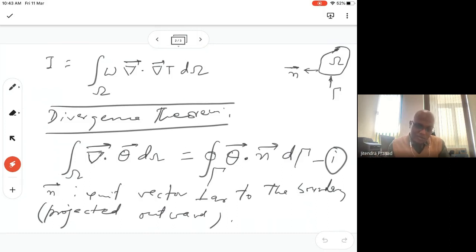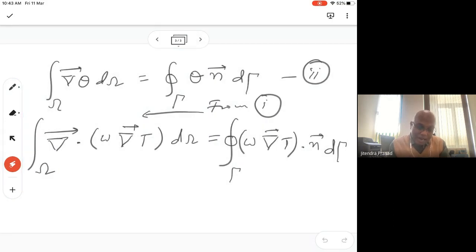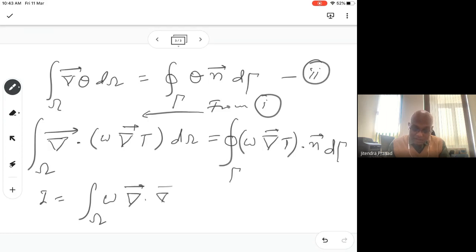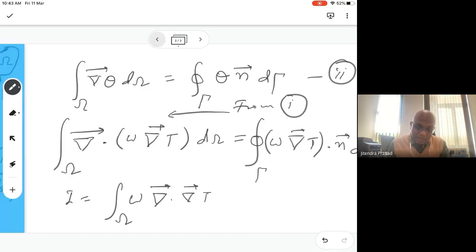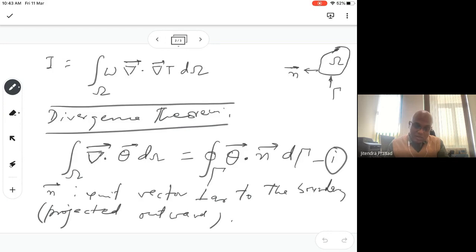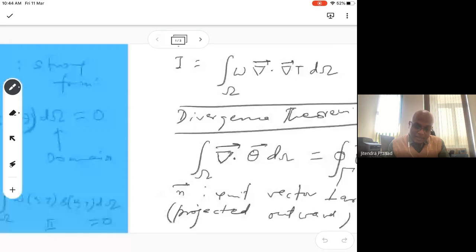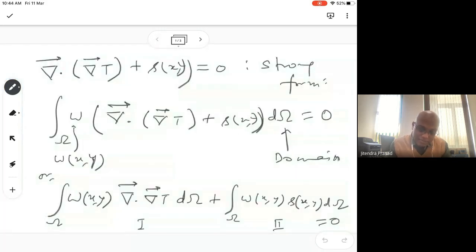So now we go back to I. We have I equal to the integral over omega of W, then del dot del T. Guys, you should also have a K term somewhere.